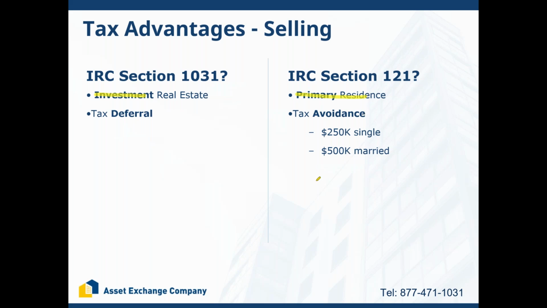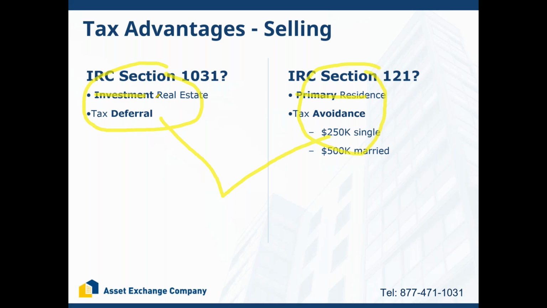Now, one of the great things about the tax law, though, is that these two tax laws are not mutually exclusive. And we're going to go over this in a little bit more detail later in the presentation. But there are opportunities where you can use these two tax laws together for maximum benefit. Okay?